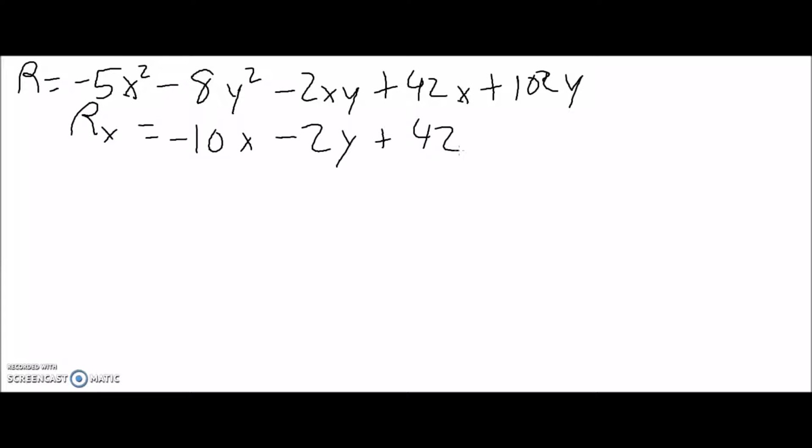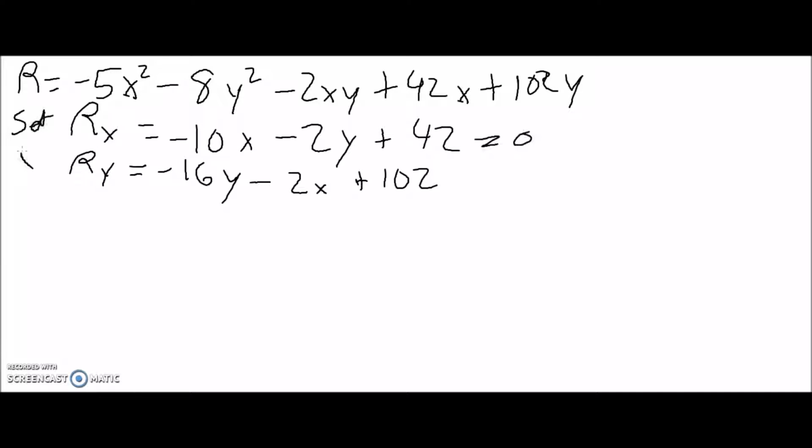Now the partial in terms of y, R sub y, is negative 16y, in the middle negative 2x, and at the end plus 102. We're going to set the first equal to 0, and set the second equal to 0.